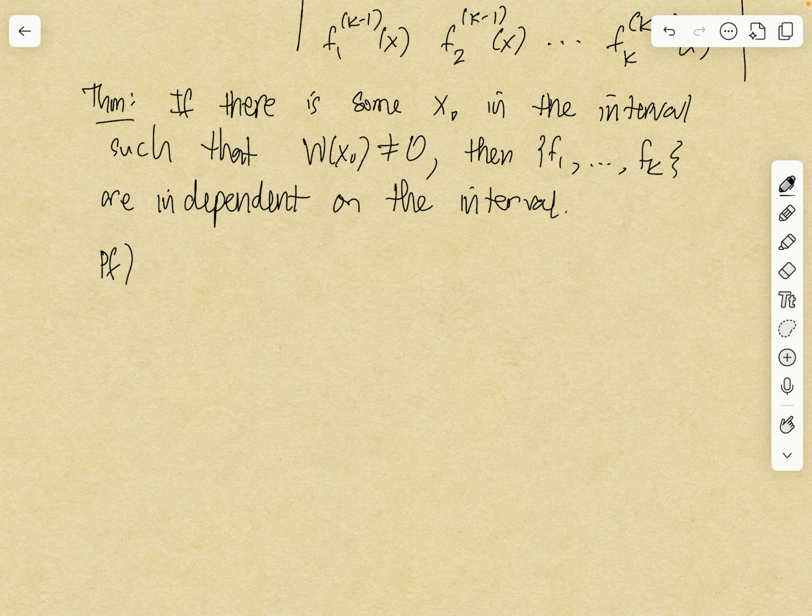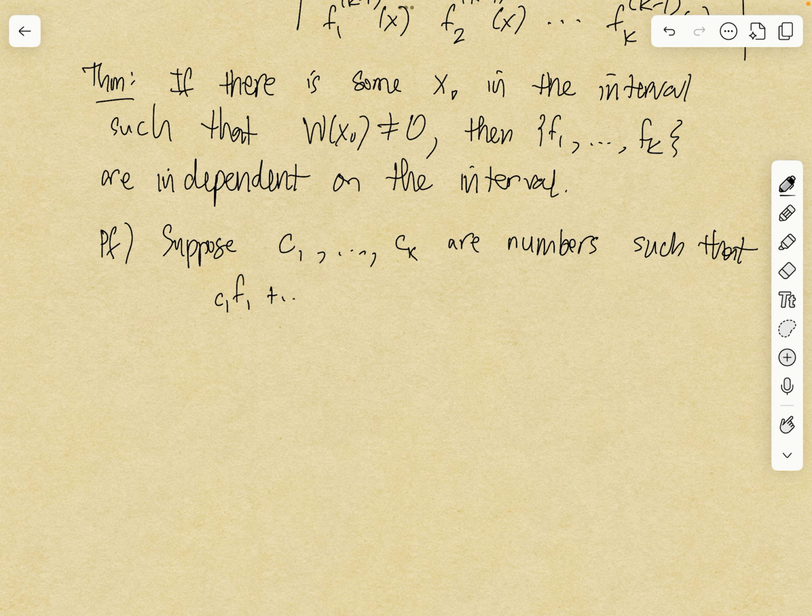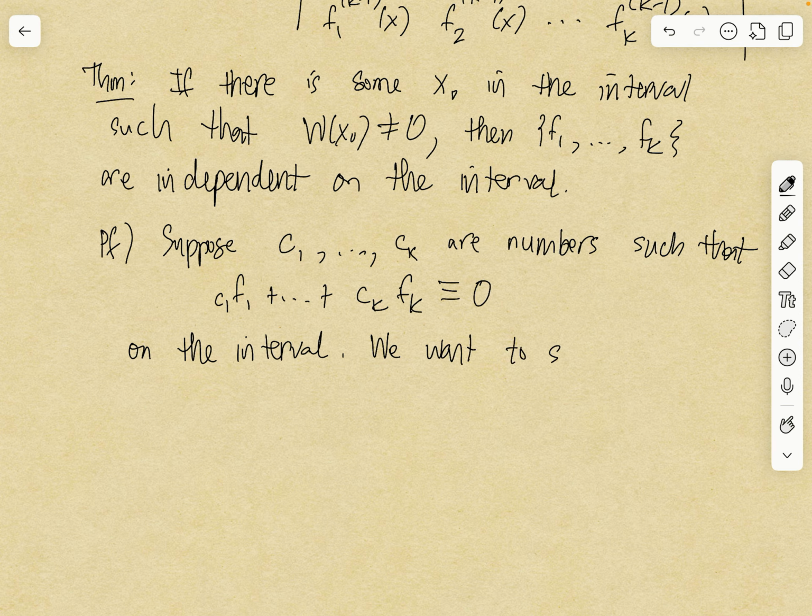So what we need to do is suppose that c1 to ck are real numbers such that c1 f1 plus dot dot dot plus ck fk is identically 0 on the interval. We want to show that c1 to ck are all 0.